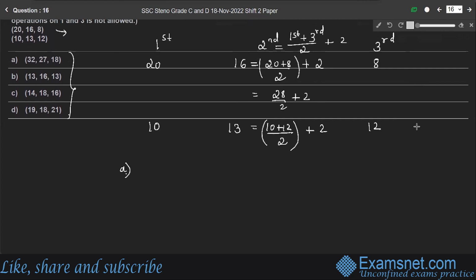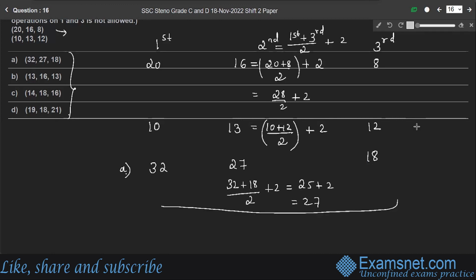Here option A, 32, 27 and 18 are the numbers. According to the rule, second number should be sum of first number and third number divided by 2 plus 2. We'll check. 32 plus 18 is 50, by 2 is 25, plus 2 is equal to 27, right?